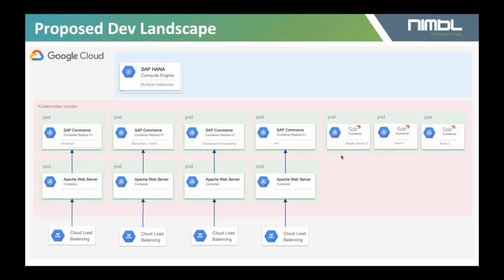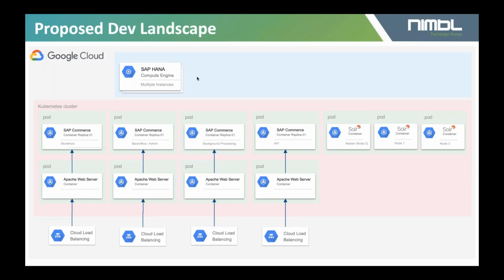Now, this being a technical webinar, we have to do a little bit of drawings. So up top, we have SAP HANA in what's called Google Compute. This is the traditional hosting virtualization that SAP HANA has been known for years. I am not in this presentation talking about containerizing SAP HANA.